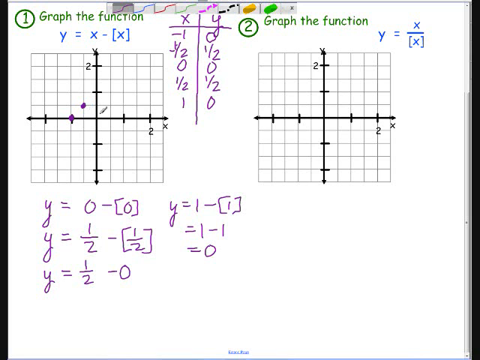When x is 0, y is 0. When x is 1/2, y is 1/2. When x is 1, y is 0.